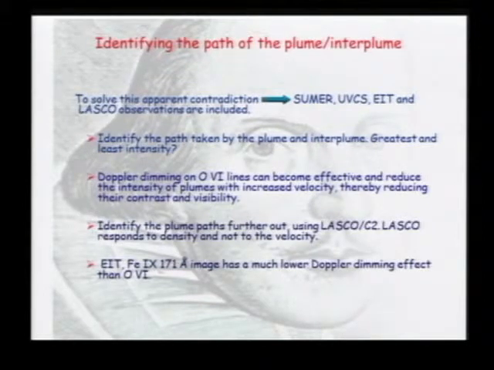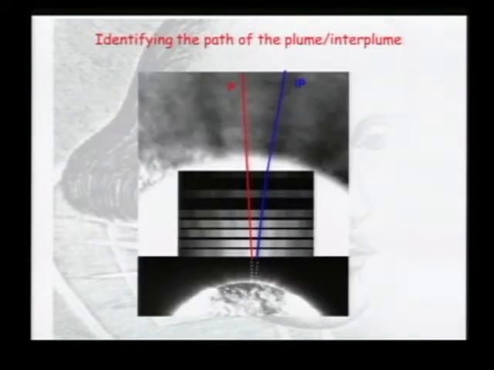So we identified the plume paths also using the LASCO C2 data, because LASCO responds to density and not to the velocity. And then we considered also the EIT data, because the image of EIT has a much lower Doppler dimming effect than oxygen 6.